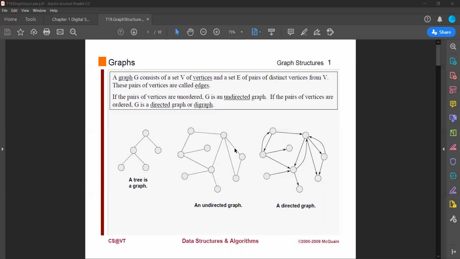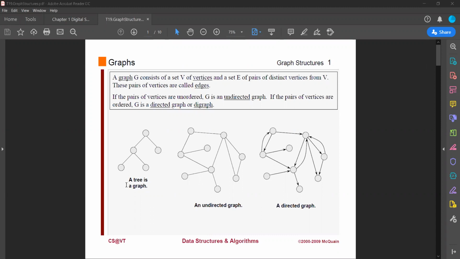That's why this is an undirected graph. And here we see that there is some direction from one node, or one vertex, to another vertex. Since there is some direction, this is known as a directed graph.